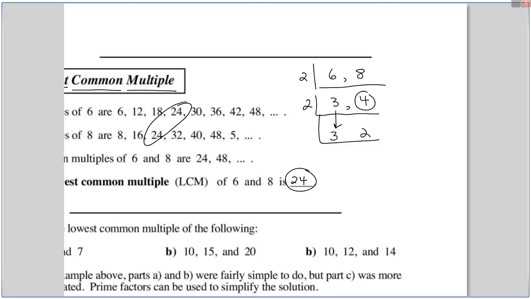So for this one, you make an L for LCM. Okay? So remember, GCF out to the left, and LCM, make an L. Can you guys remember that?